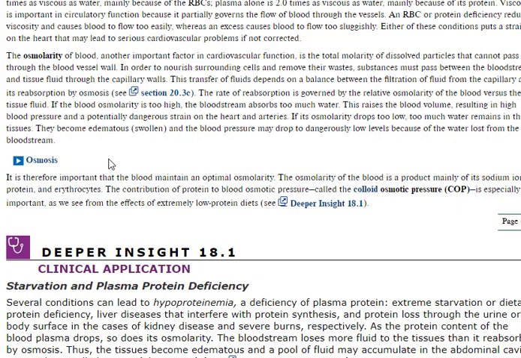And what's going to happen is fluid is going to be pulled into the bloodstream, pulled into the blood vessels to try and dilute that out. And these people are going to have high blood pressure because the vessels can only hold so much. And if you try to put more than that in there, they'll swell up and you can have an aneurysm. So not a good thing to do.